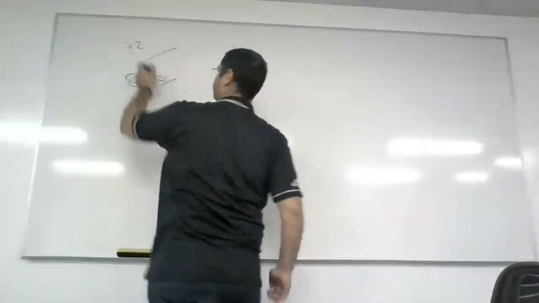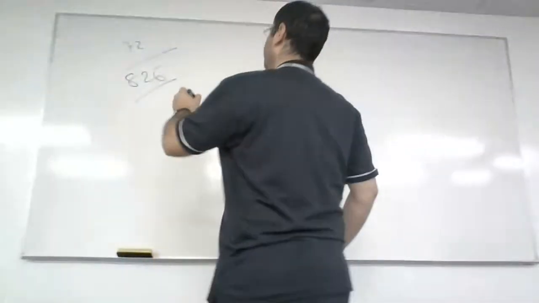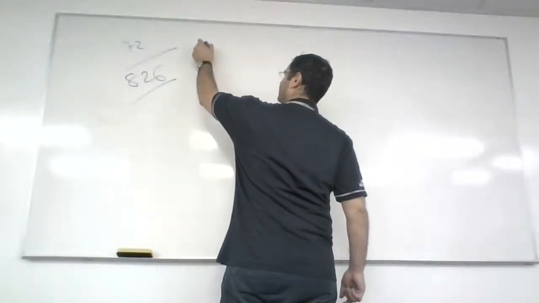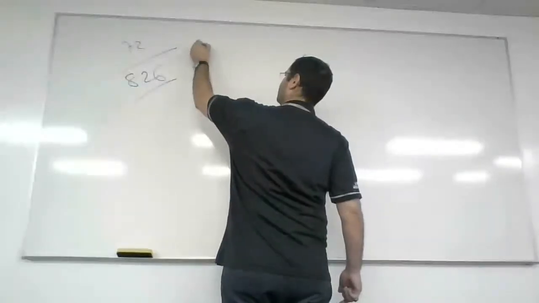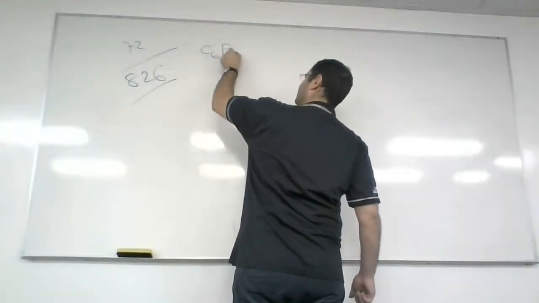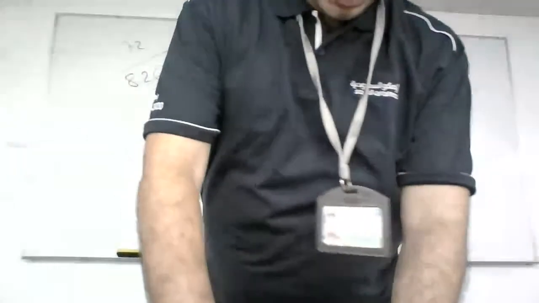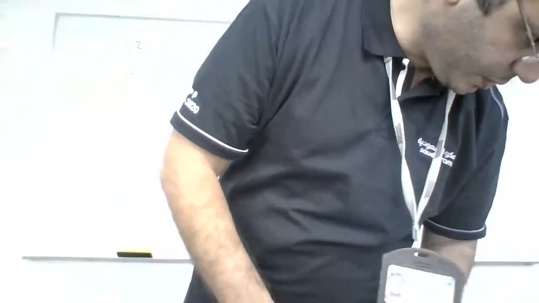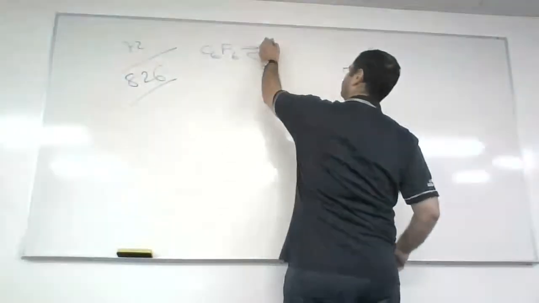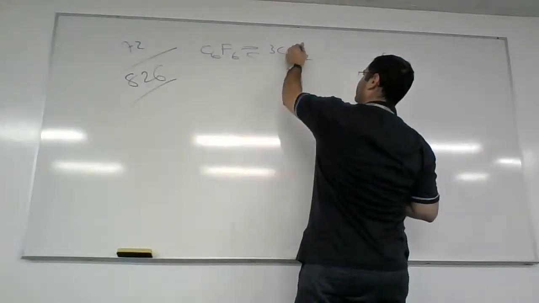Let's do this. So what do you need in here? You have this equilibrium, C6F6, in equilibrium with what? With C3C2H2, 2F2. There's no H in here.